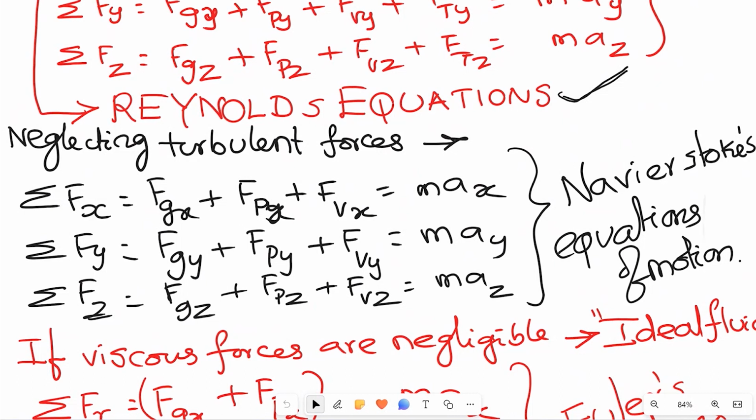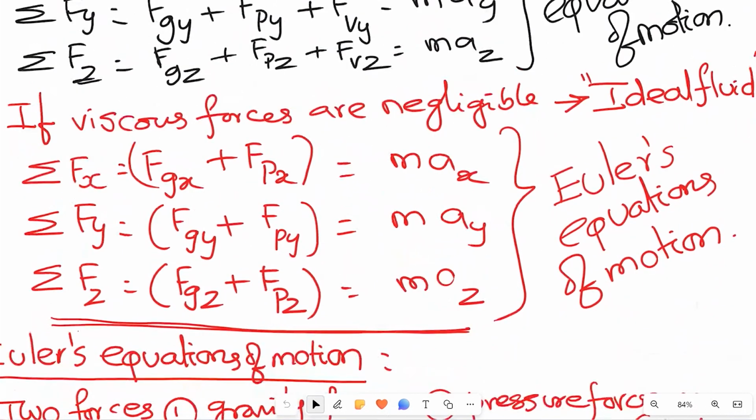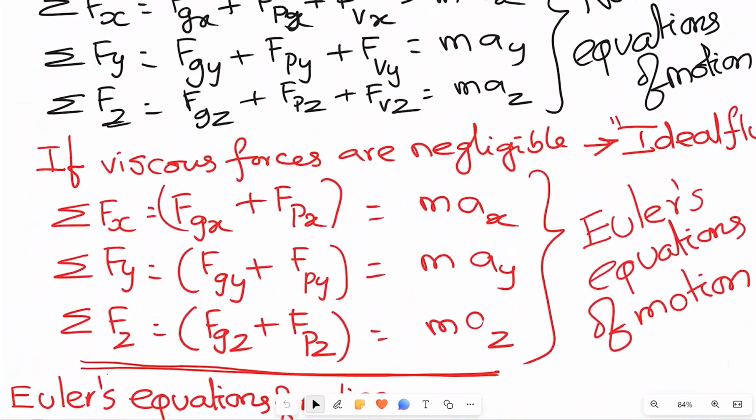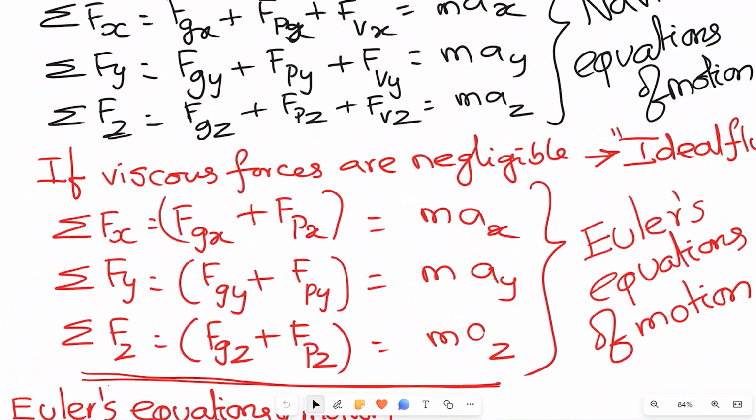So this is the next. What we are considering now at this level is that the viscous forces are negligible, which is the case only when the fluid is an ideal fluid. In such a case, the net force acting on any fluid body is the summation of the gravity force and pressure forces, and it is equal to mass into acceleration in that direction.